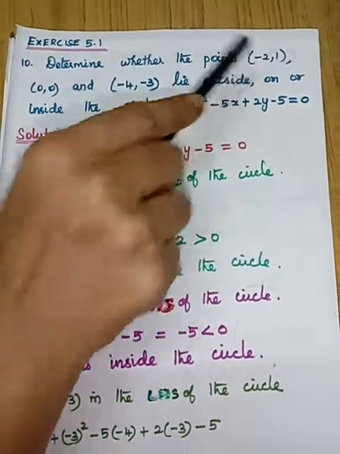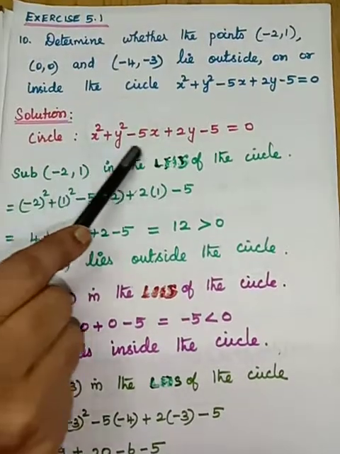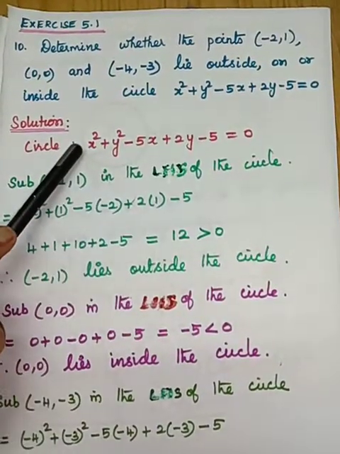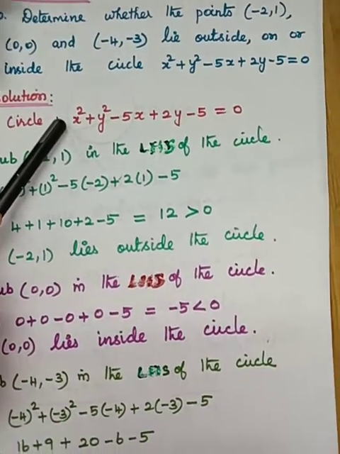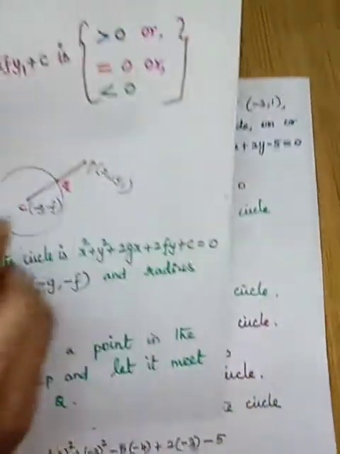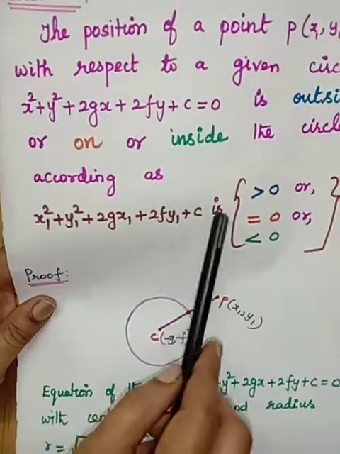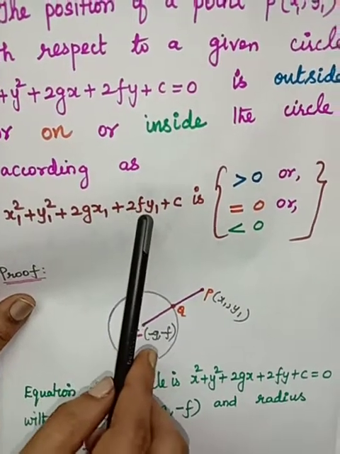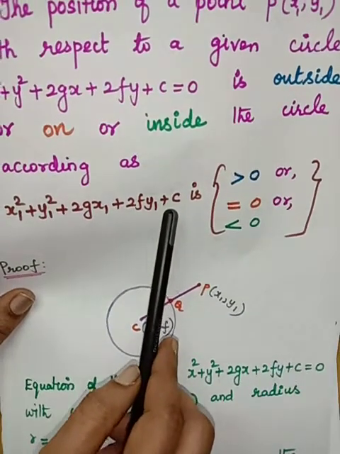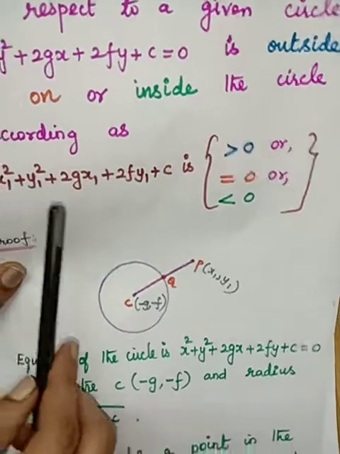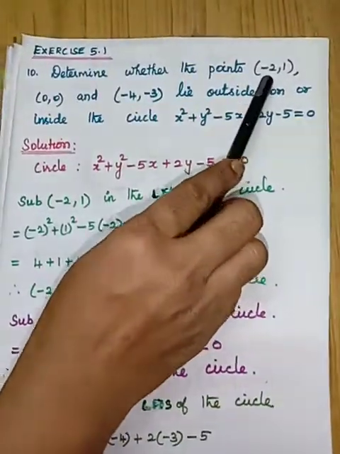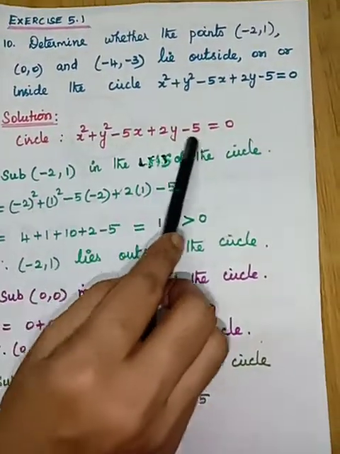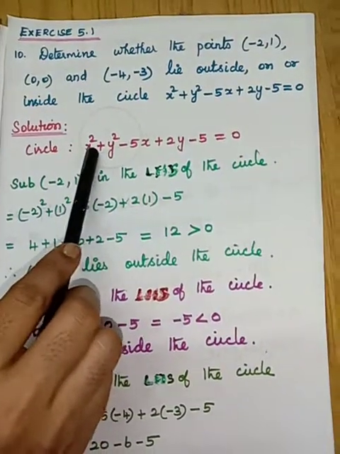Take this point and substitute in the left side of the circle equation, because that is what has to be decided: x1 squared plus y1 squared plus 2gx1 plus 2fy1 plus c.